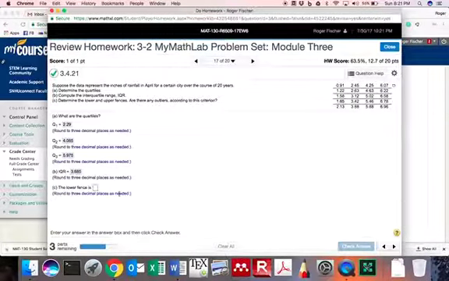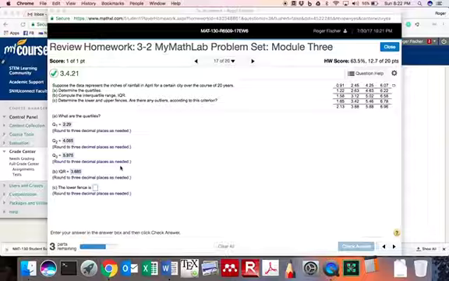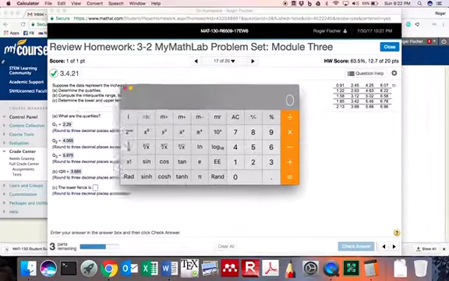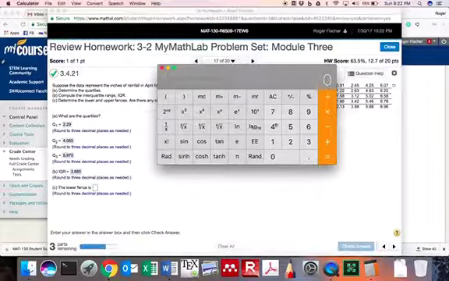And now the lower fence, remember, is Q1 minus 1.5 IQR. So I'll pull up a calculator. I haven't found a way to do this in StatCrunch. Honestly, I think this is easier. The lower fence is Q1, 2.29.